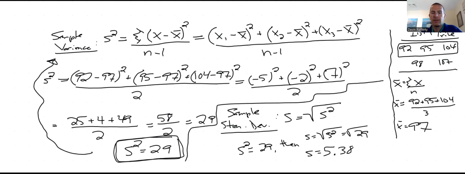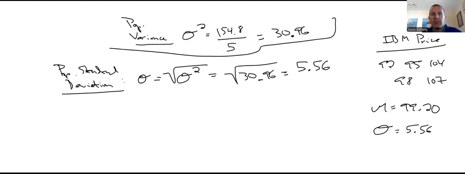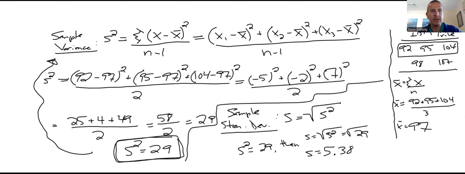Well, let's take a look, right? For the sample standard deviation, we ended up with a value of 5.38. Our population standard deviation was 5.56. So between 5.56 and 5.38, they're not exact, but they're somewhat close, right?